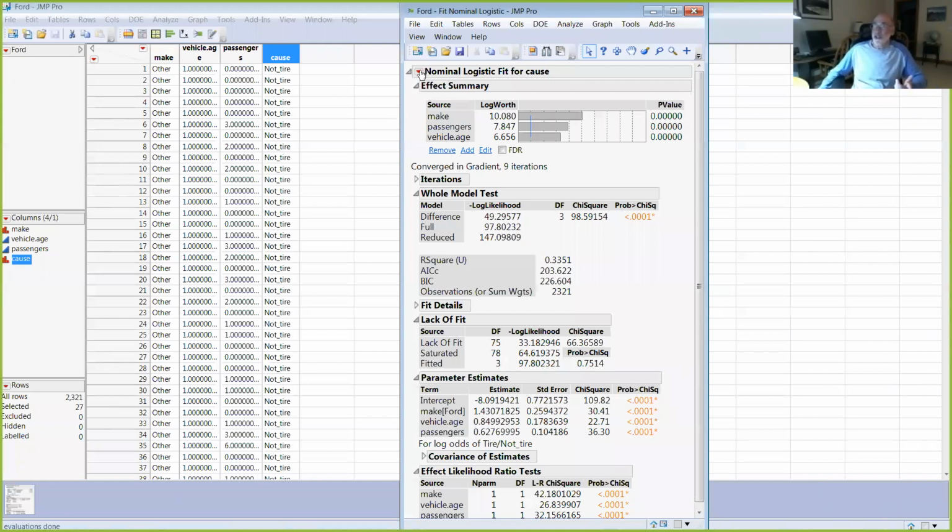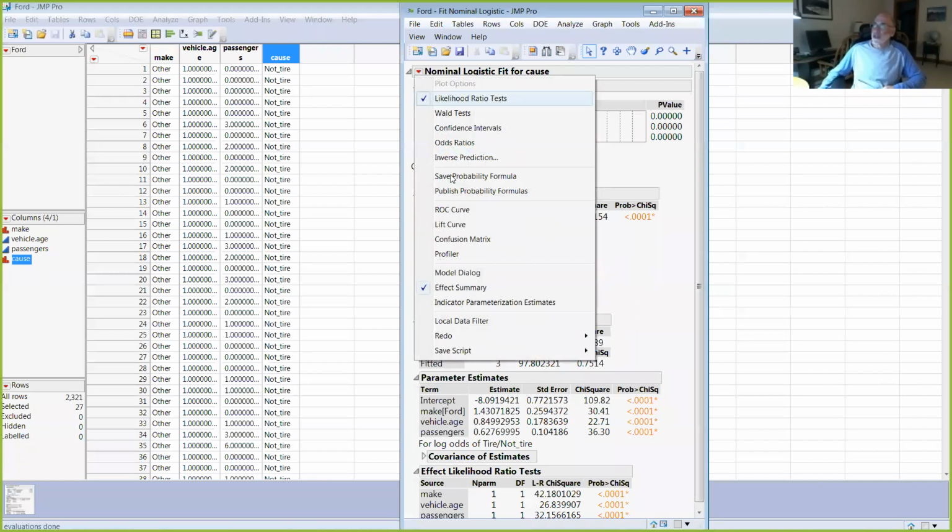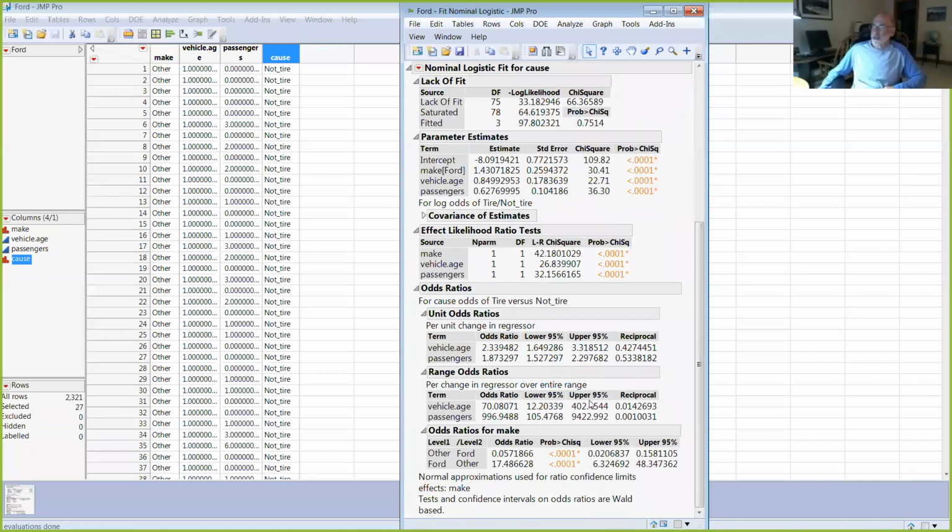How much more likely? Go to the odds ratios, and we would interpret this one right here. If it was a Ford, it was 17.5 times the odds of being in a tire-related crash than if it was a different make of car.